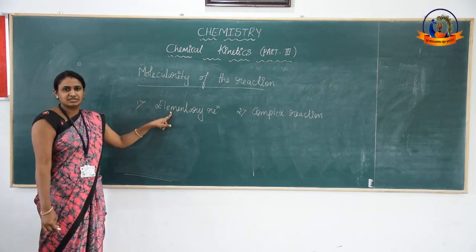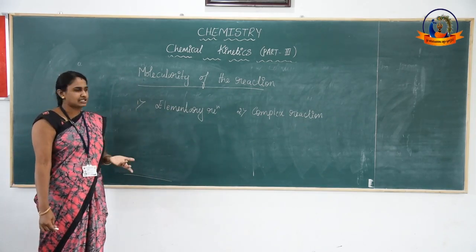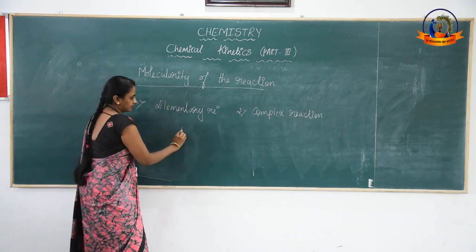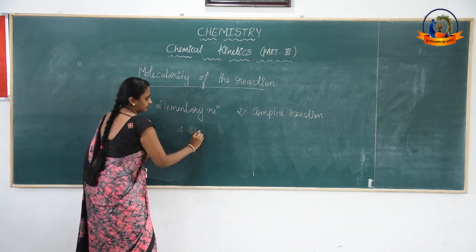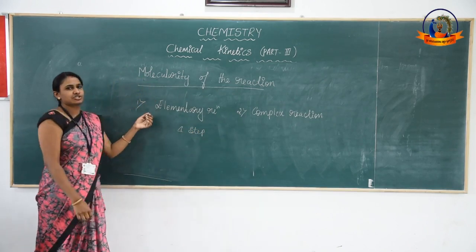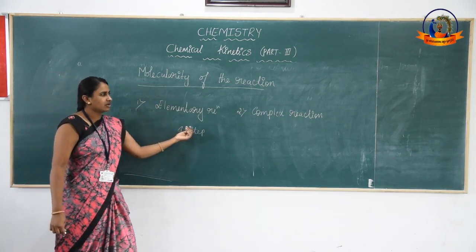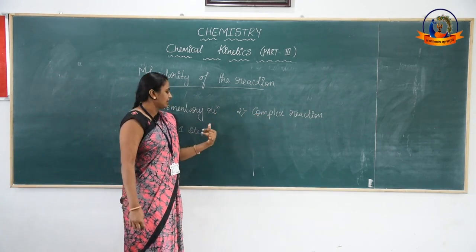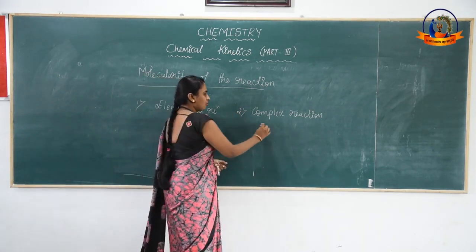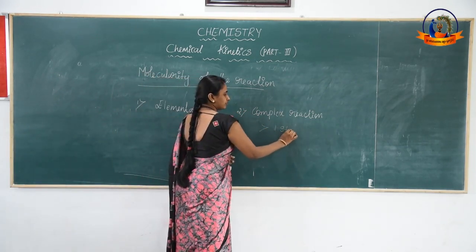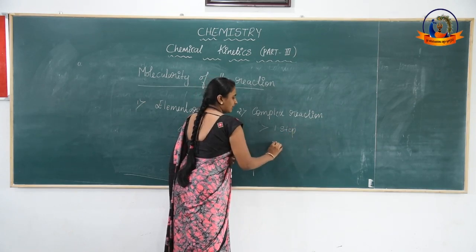Elementary reaction means the reaction takes place in one step, whereas in a complex reaction, the reaction takes place in more than one step.